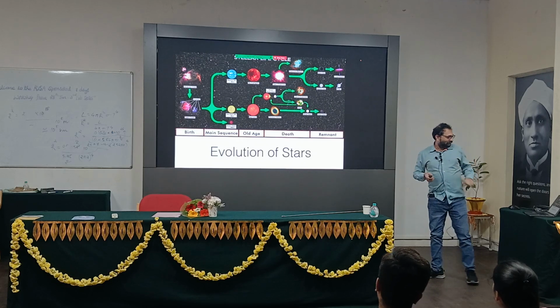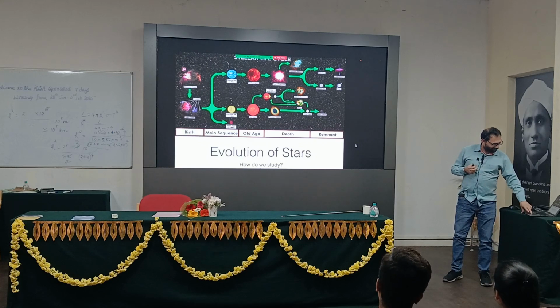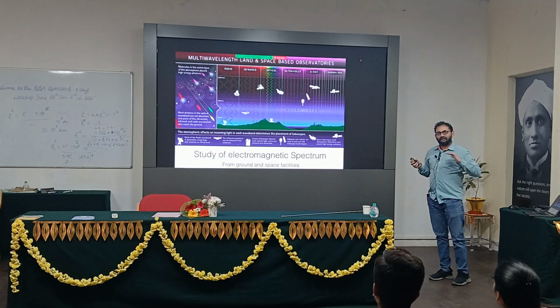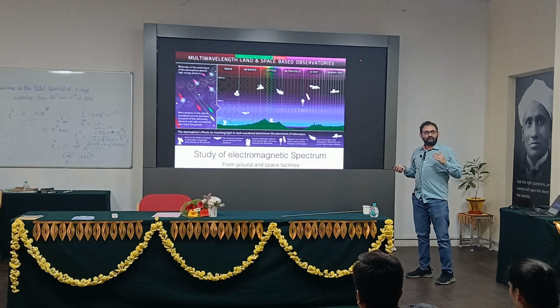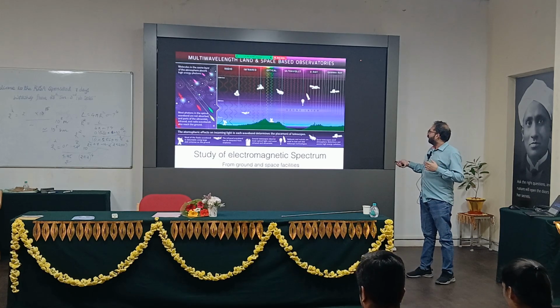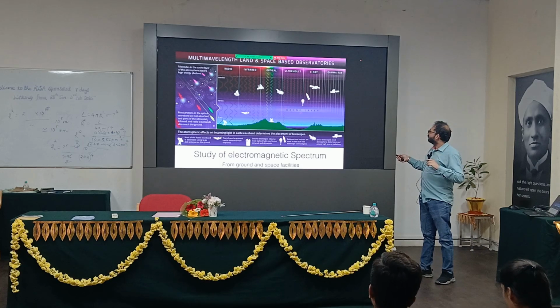I didn't know that I took so much time, but I'll go faster. But then how do we study them? The only way that we study is through the electromagnetic spectrum. In the electromagnetic spectrum, from the ground you can only see a certain band of light, and for the other bands we have to go to space.